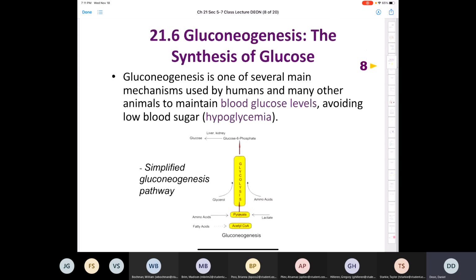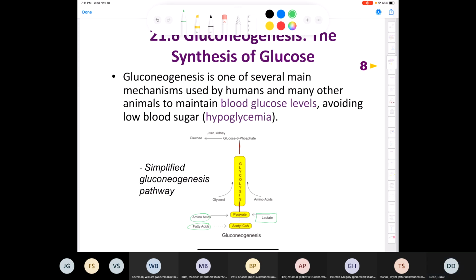Gluconeogenesis is one of several main mechanisms used by humans and other animals to maintain our blood sugar levels to avoid hypoglycemia. This is a simplified version of gluconeogenesis. I just ripped this off the internet somewhere. I thought it was pertinent to what we're looking at. We can take things like fatty acids or amino acids, or more probably lactate if we're not starving.